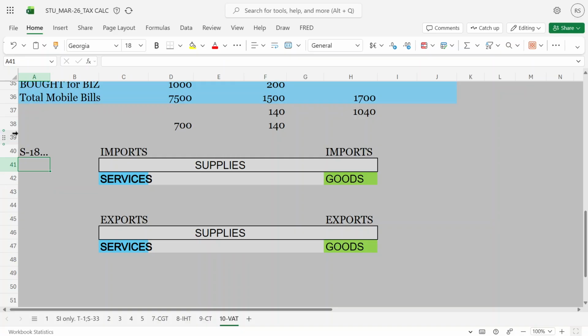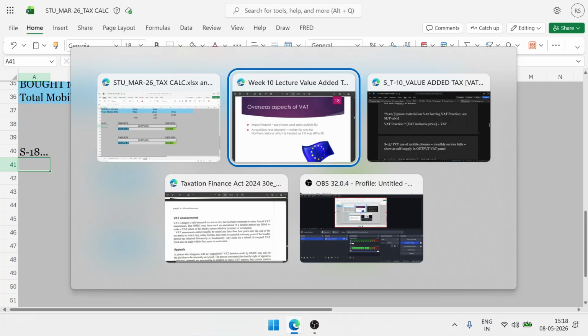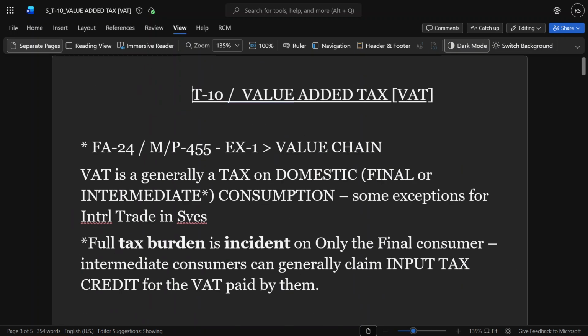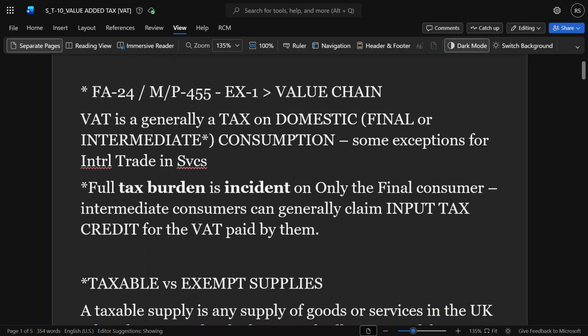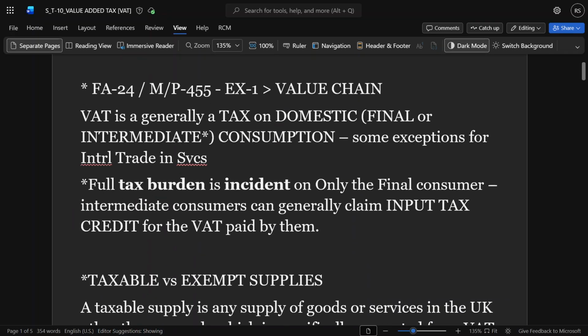All right, so now go back to my definition once again, that VAT is going to be charged. It's a tax on, what did I say here? Domestic, final, or intermediate consumption, okay? So when the goods are being imported and exported, we don't really care whether it's final or intermediate. It is some kind of consumption, right?